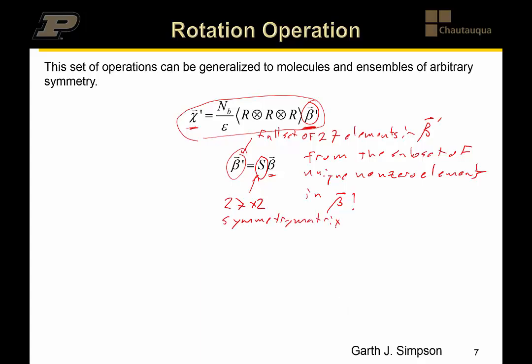And this one is actually pretty straightforward and trivial to evaluate in the present case because it's going to be almost all zeros with 2 ones. And those 2 ones are going to correspond to beta ZXX and beta ZZZ.